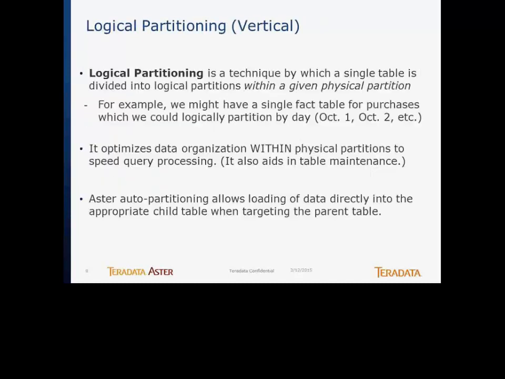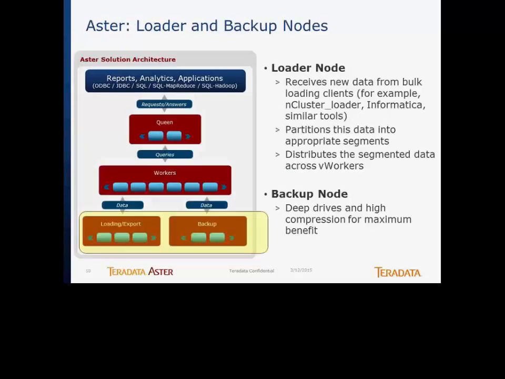Now let me jump into the loader nodes. Loader nodes are an optional set of nodes. I say optional because in very small systems you can also use a queen to load the data. Essentially, as your input data comes from your staging system, the loader node determines where to place the data on the workers.